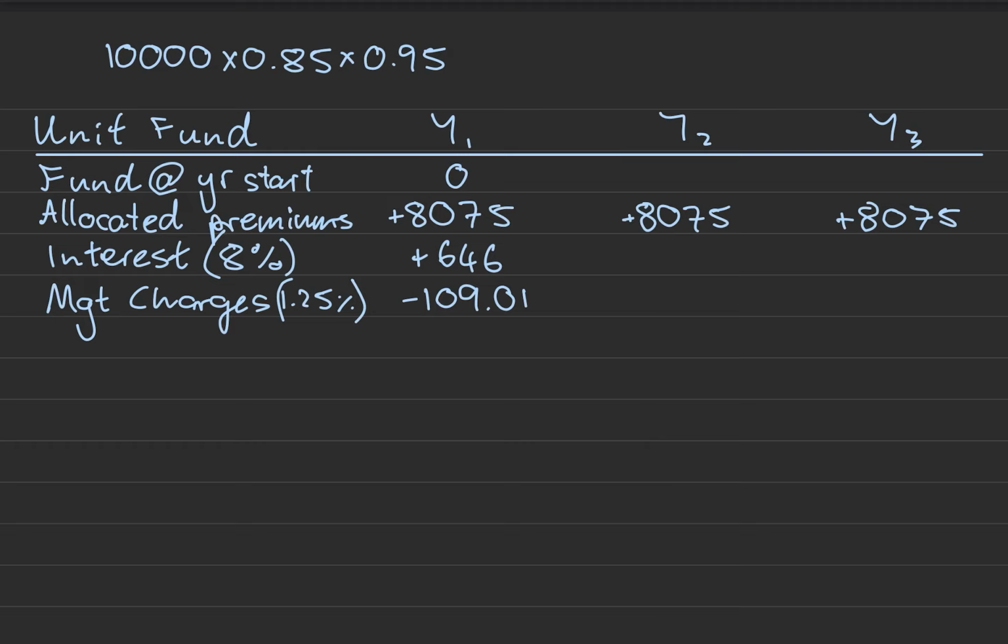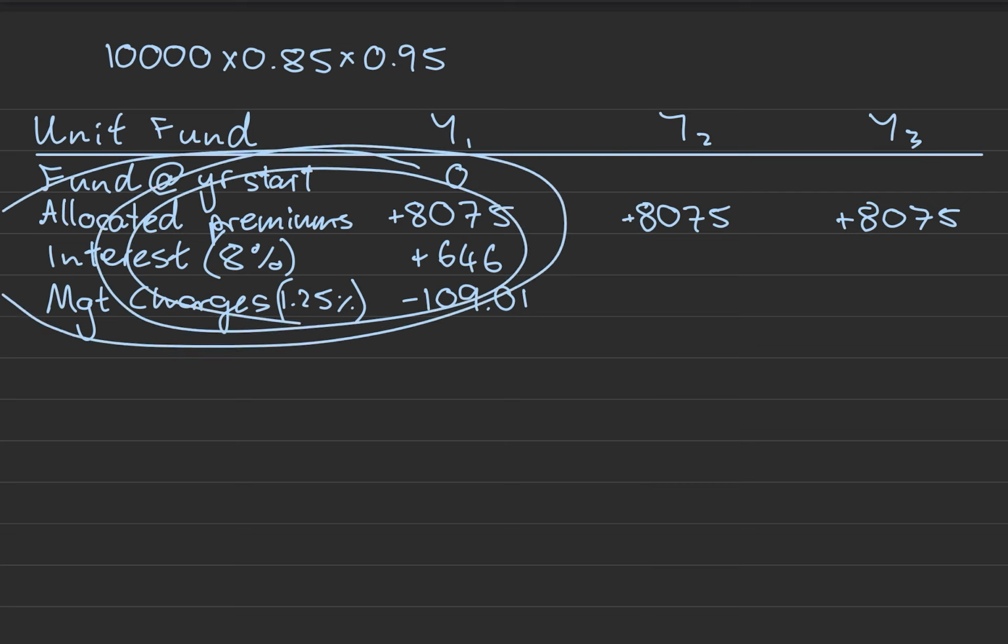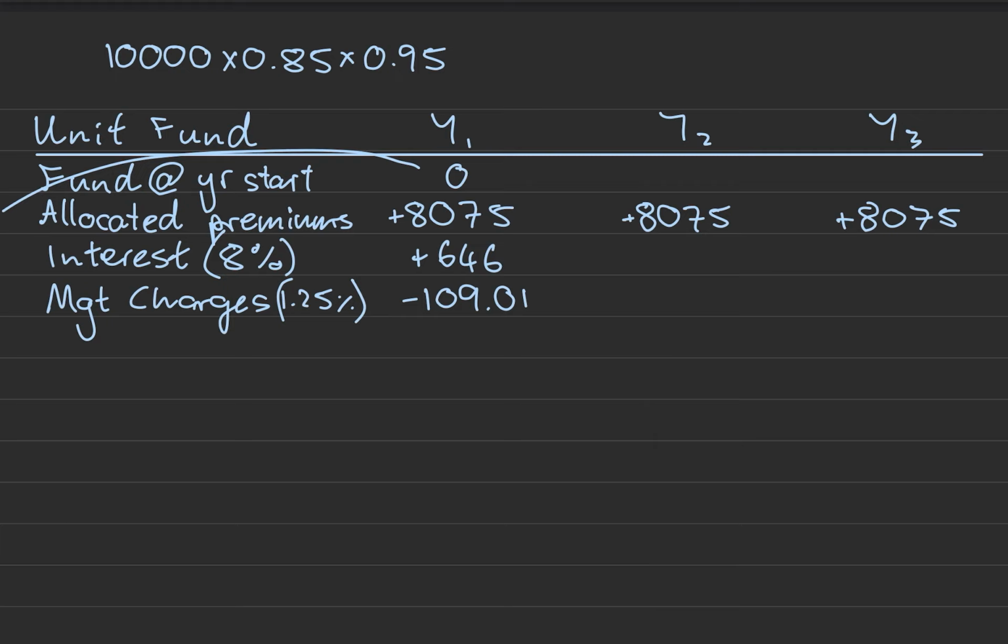Okay, now we don't take into account these maturity benefits or death benefits in this unit fund. We are actually going to assume in the accumulation of this unit fund that the policyholder might survive until the end. Okay, so I'm not just going to take out the fund value. And the reason why I do this is because these are all of the cash flows that are going to occur in this year for this unit fund, besides potentially a death benefit.